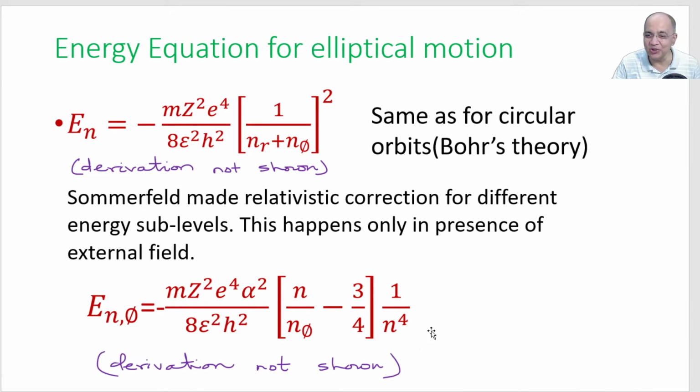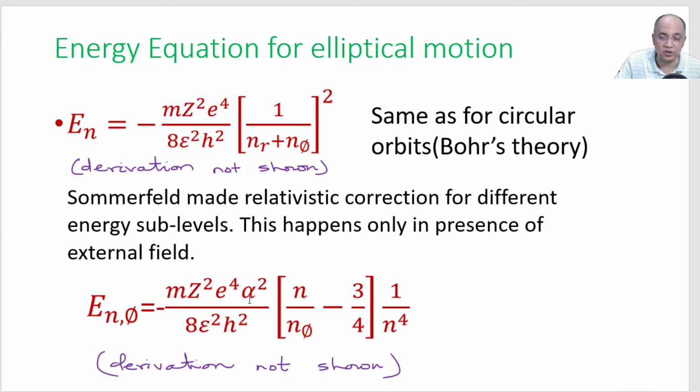Now this is the equation he derived. The constant is the same, but the only extra term is alpha. Alpha square is another term, but all other terms are there in K. So this is nothing but K, the constant 2.18 × 10 to the minus 18 joule, into alpha square. I will tell you what alpha is.